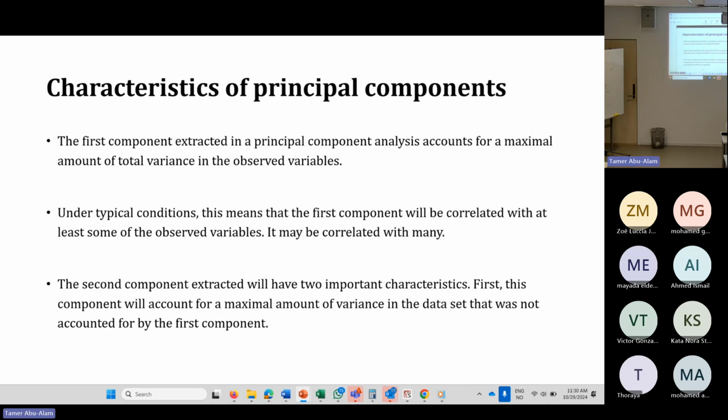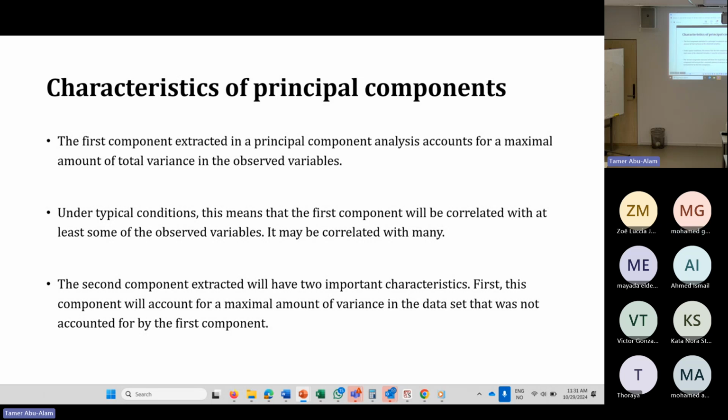Okay, again, this is some characterization of the principal component. The first component accounts for the maximum amount of value, the maximum amount of information. The second one will be less, the third one will be less, the fourth one much less.